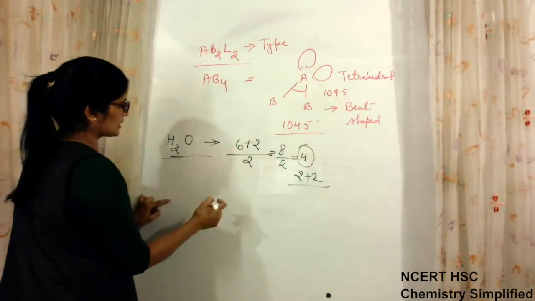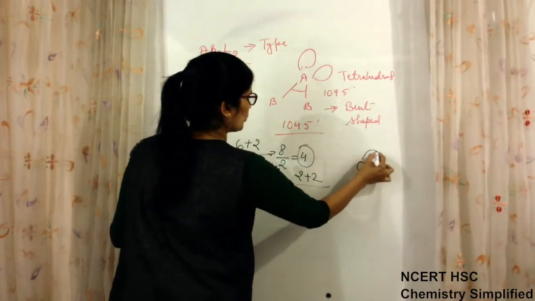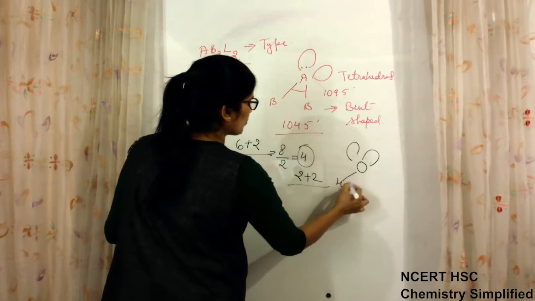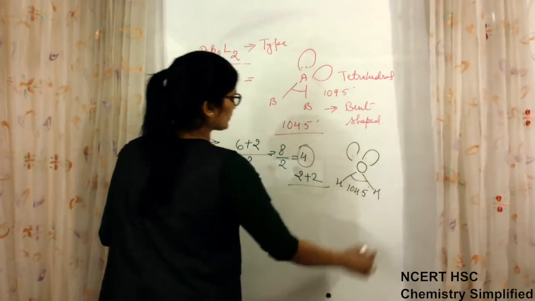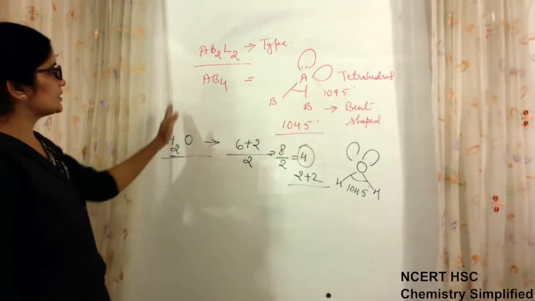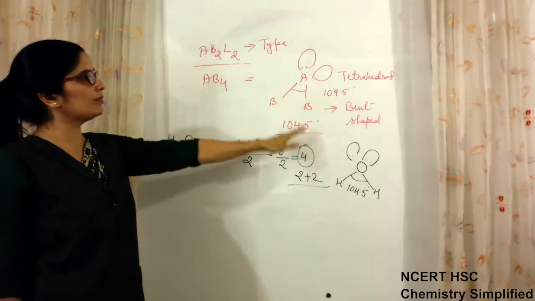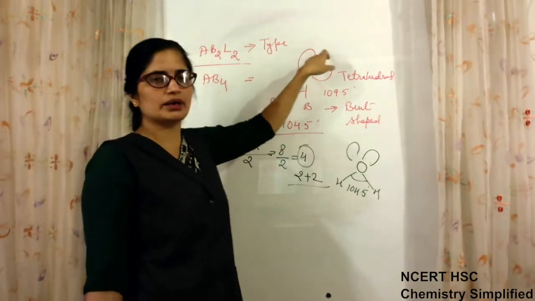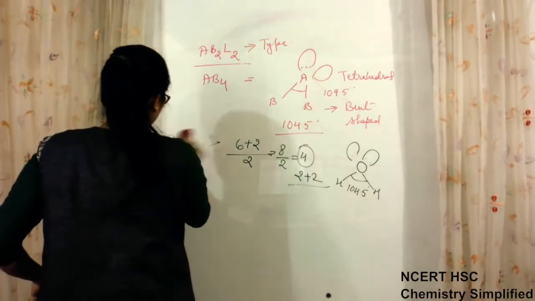So the structure of water is O, having 2 lone pairs and 2 bond pairs with angle 104.5 degrees. So this is AB2L2 distorted tetrahedral because bond pairs are replaced by lone pairs.